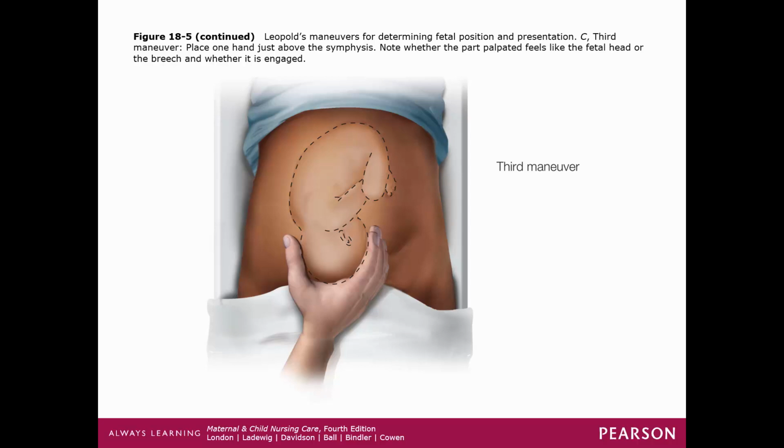Sometimes I have my other hand on top of her belly to push down a little bit, and I'm trying to hold still so that I'm not moving up and down. I'm trying to feel, do I have a hard, firm head down there?